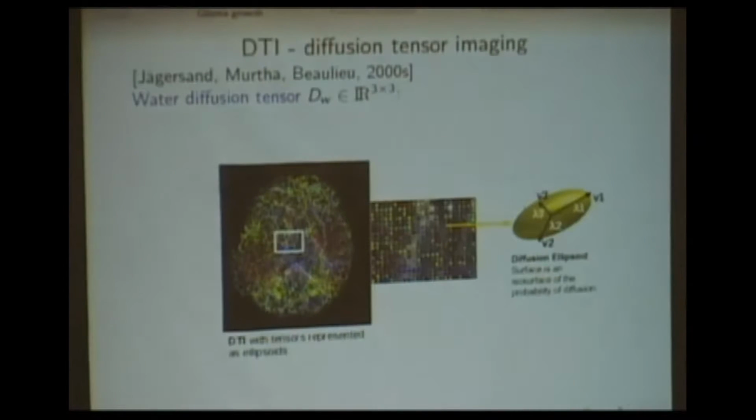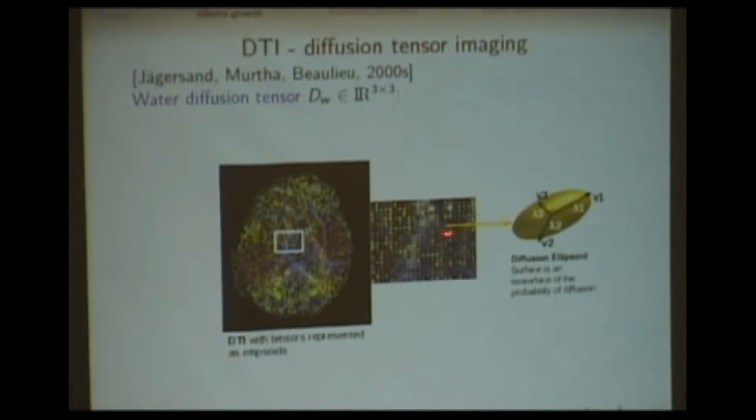Okay. Now, there's a wonderful new modality in medical imaging, which is DTI imaging, diffusion tensor imaging. And this gives us exactly these diffusion tensors which I'm looking for. So this is a brain, and it is overlaid with a DTI image. And then the DTI image, in each pixel you have an ellipsoid.